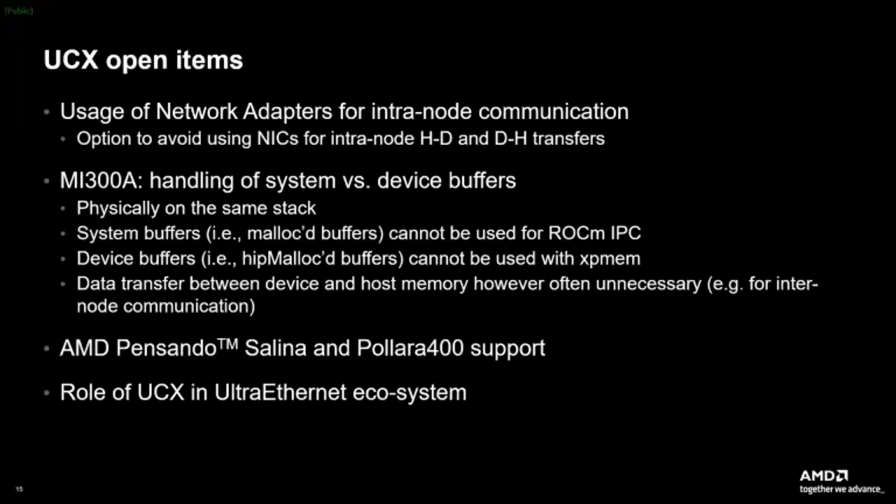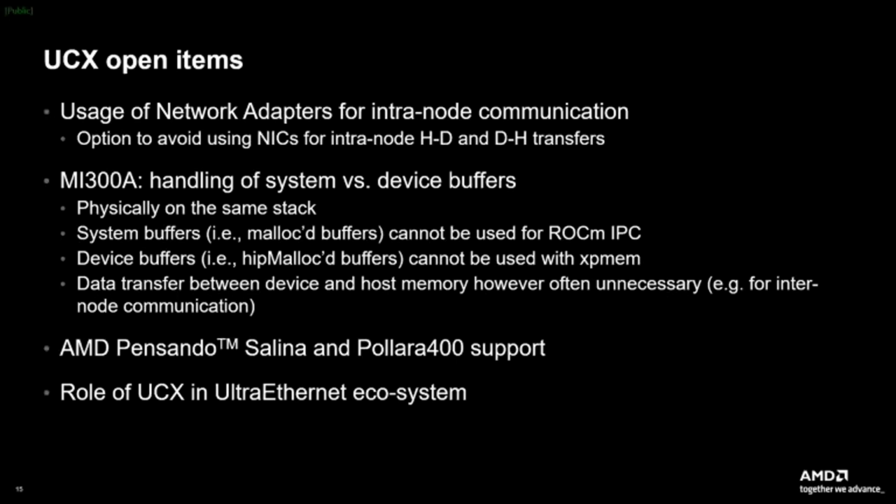It is the fastest way to do it, but I'm not sure that's something we always want. Very often there are scenarios where you want the NIC to be involved in inter-node communication, but not necessarily in intra-node. I'm not sure whether there's a good way to influence or disable that behavior, but I'm just throwing that out as an item.